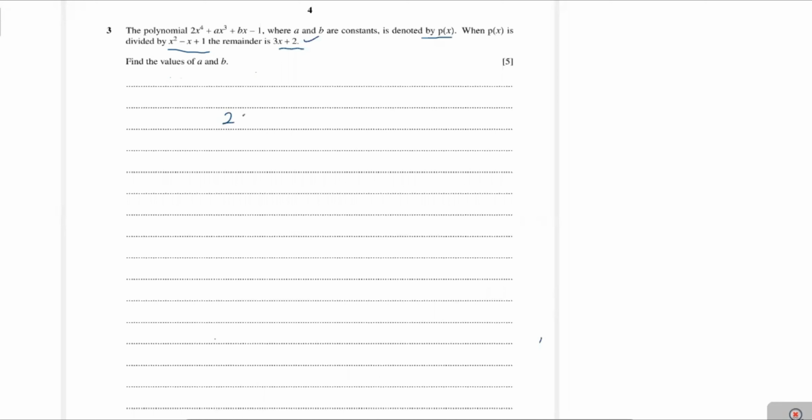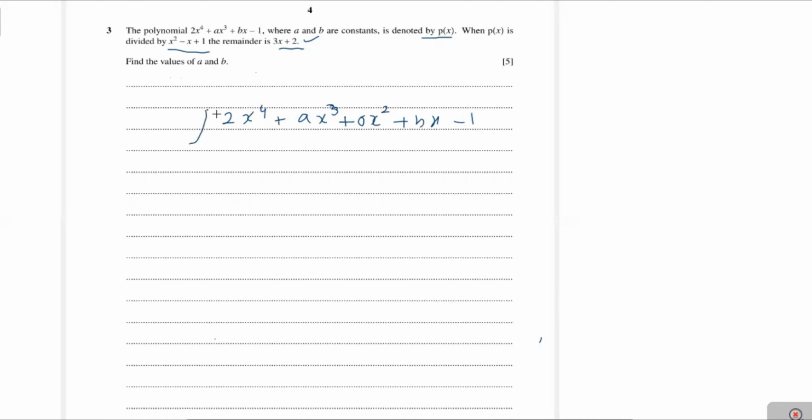We write the polynomial 2x to the 4 plus ax cubed plus bx minus 1. Now you see here, the x squared term is not given. It means that term has the coefficient 0, therefore we can write it as 0x squared.